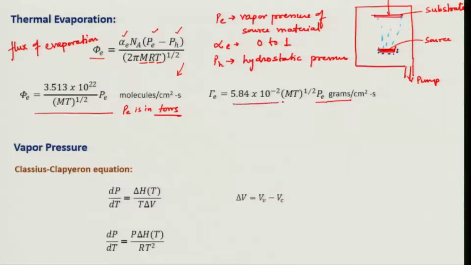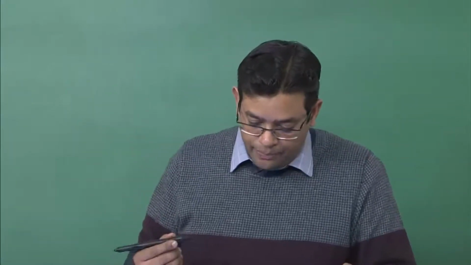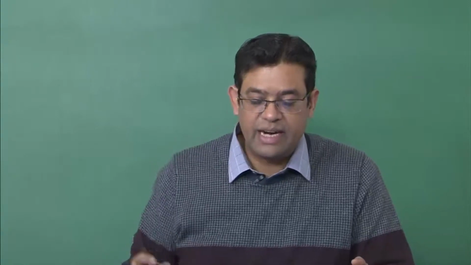So, we can use these expressions to calculate how many grams per unit area of the source per second is being vaporized. So, now we know the flux, how much is being vaporized. The important part is if we have high vapor pressure at a given temperature, then we will have higher flux. So, we need to have a certain flux or a certain vapor pressure.